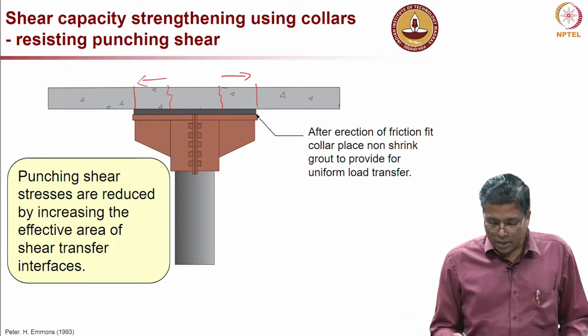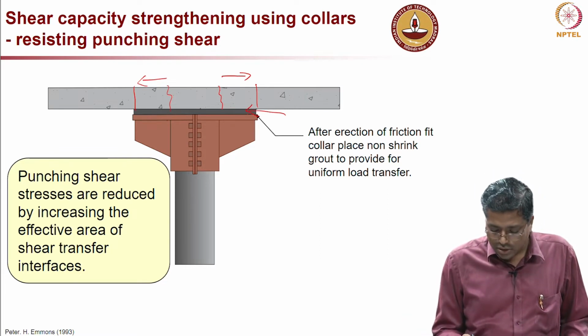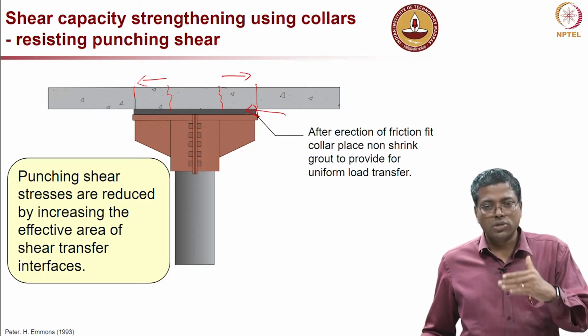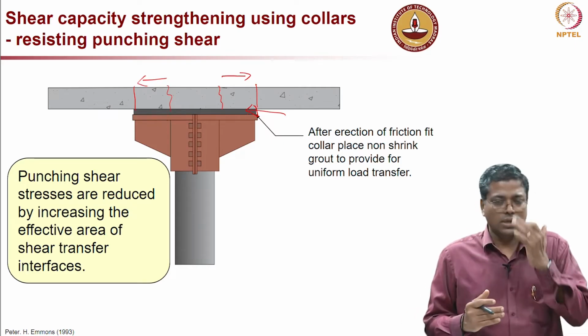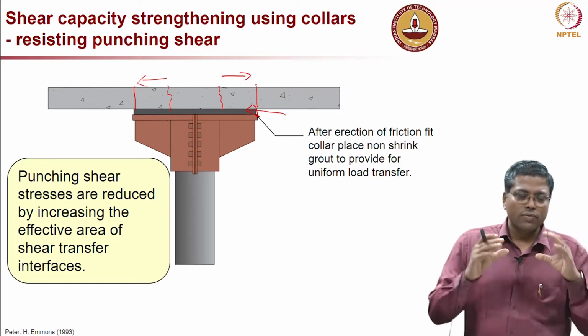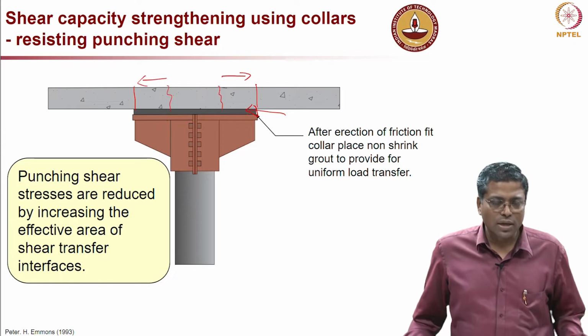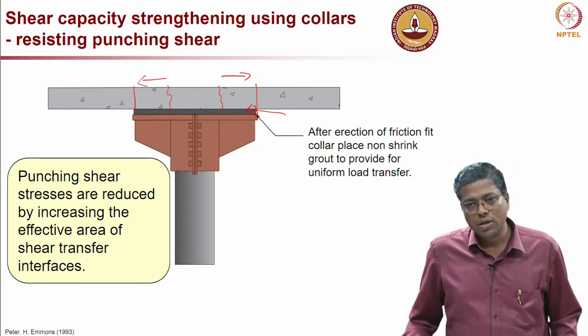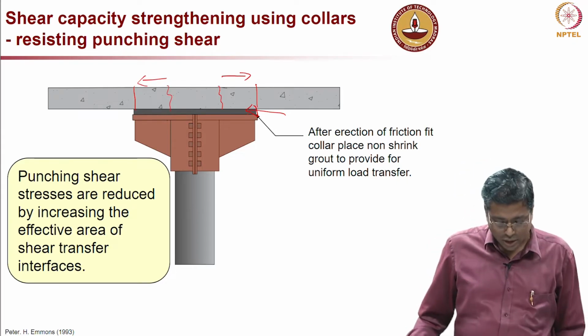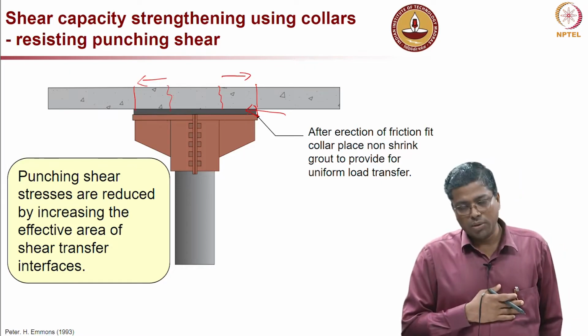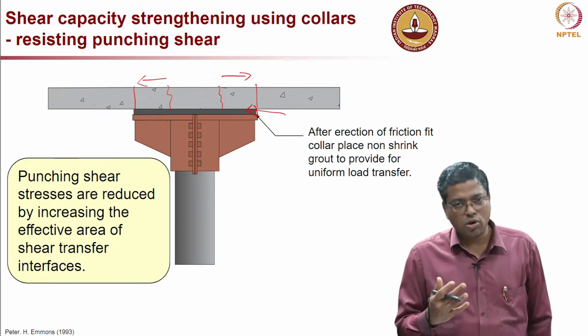This gray portion here is to ensure that the load transfer is happening in a uniform manner. We have to fill that space with either a neoprene pad or something like that, or fill that space with a grout or non-shrink grout. Again, non-shrink is very important, either non-shrink or shrinkage compensating.